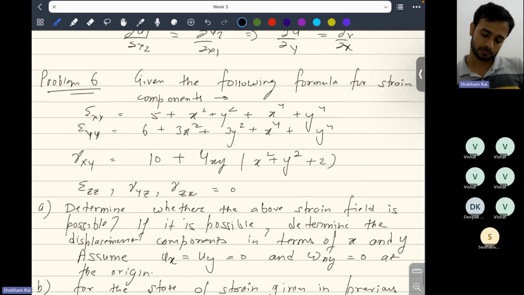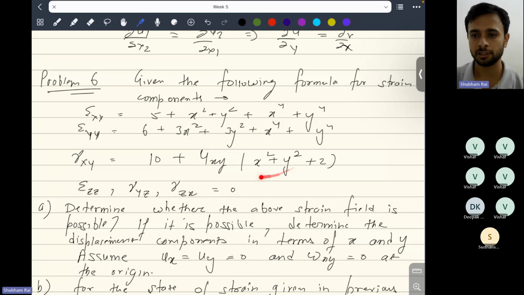The strain field is given to you, and you have to determine whether the above strain field is possible or not. You are able to see that this is a plane strain condition, so 5 compatibility conditions will already be satisfied. You need to satisfy only one extra compatibility condition. Once you check that condition, if it is satisfied, then the strain field will be possible. And if it is possible, you have to determine the displacement components in terms of x and y.